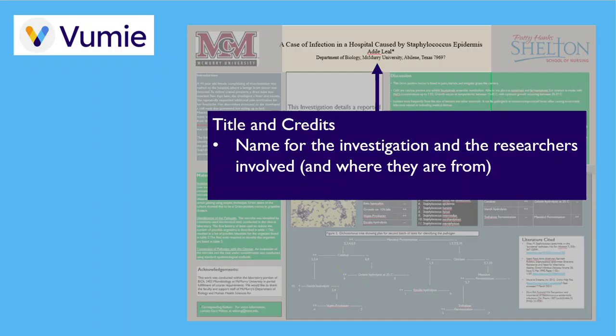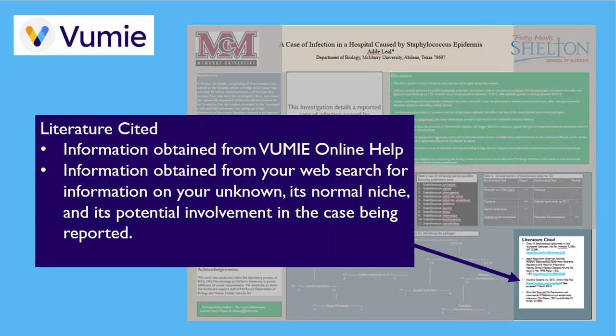The literature cited. If you go beyond the case study to build your introduction, you need to cite the sources that you used here. Methods used in the virtual lab are presented in the software help files, so these files also need to be cited.